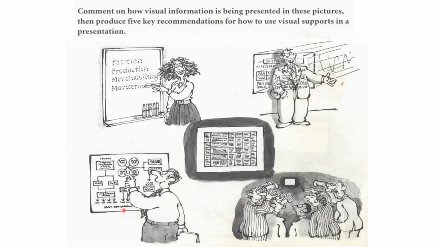So you see, the presenter is explaining something here, but what's wrong with him? He's blocking. And he's not polite, because his audience is at the back. I think he should face the audience.